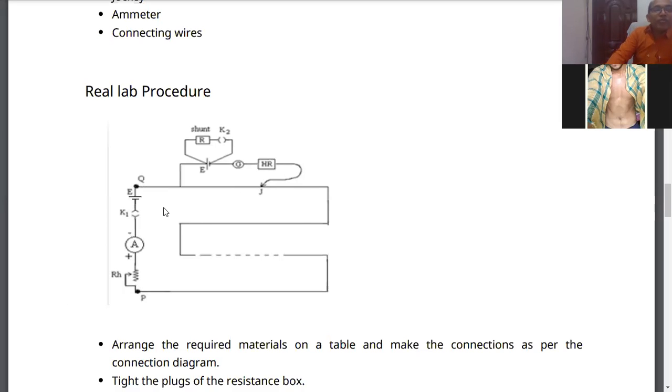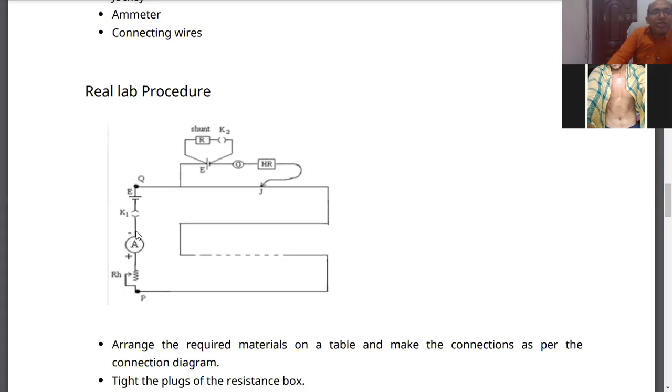Try to understand here. This is the circuit diagram. So the potentiometer is connected first of all. One terminal of the potentiometer is connected with the positive terminal of the battery or eliminator. This is the driving battery or eliminator that supplies the energy to the potentiometer for its working. And the negative terminal of the eliminator or battery is connected with one terminal of key 1, and the other terminal of key 1 is connected with the negative terminal of the ammeter, and the positive terminal of the ammeter, you can reverse it.